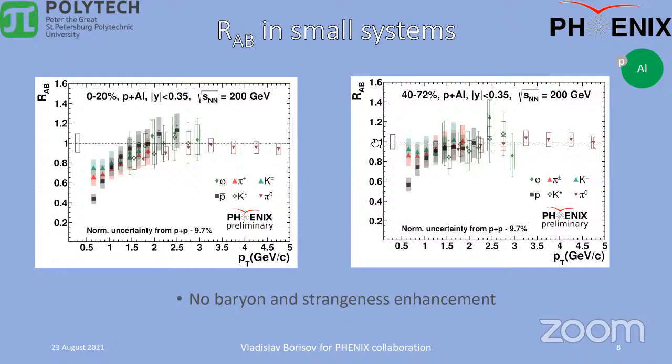Charged particle RAB are presented with a filled box of systematic uncertainties, and neutral particles are presented with an empty systematic box. In central collisions, no baryon and strangeness enhancement were observed. RAB of all hadrons are in agreement within uncertainties.